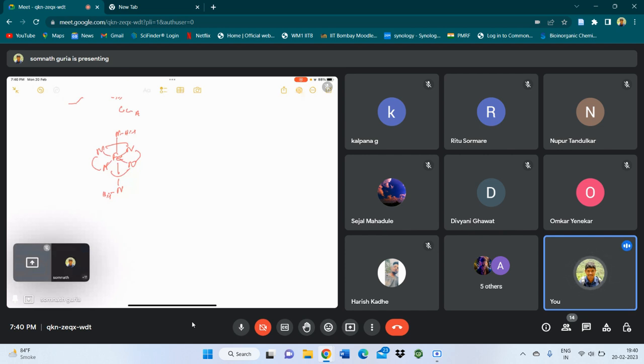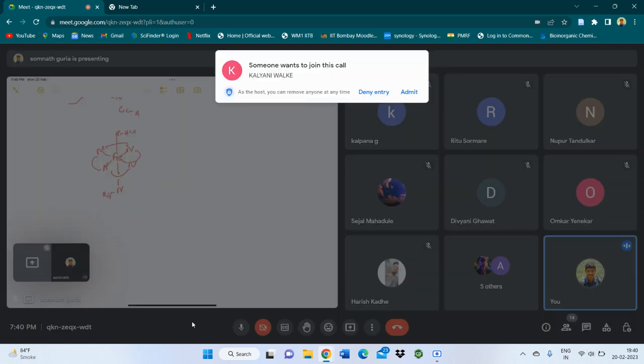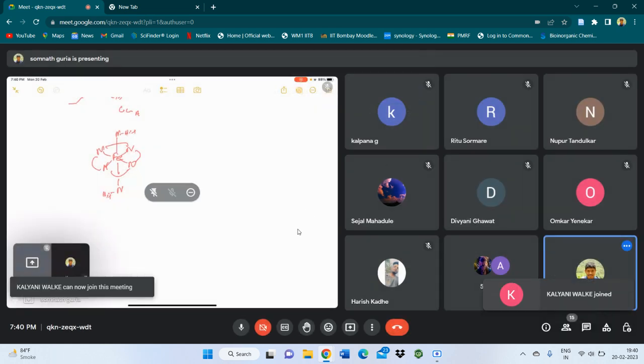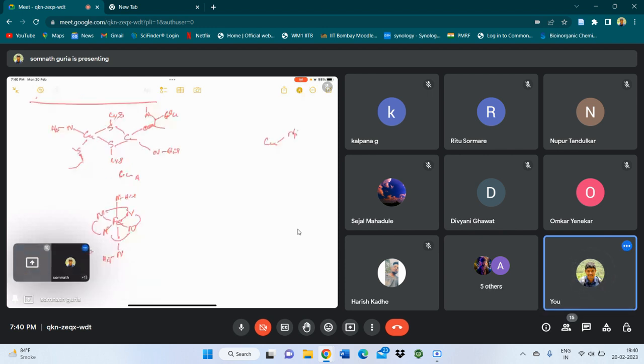Another part of the cytochrome C oxidase is this copper with N histidine, N histidine, N histidine. It also has the heme unit.